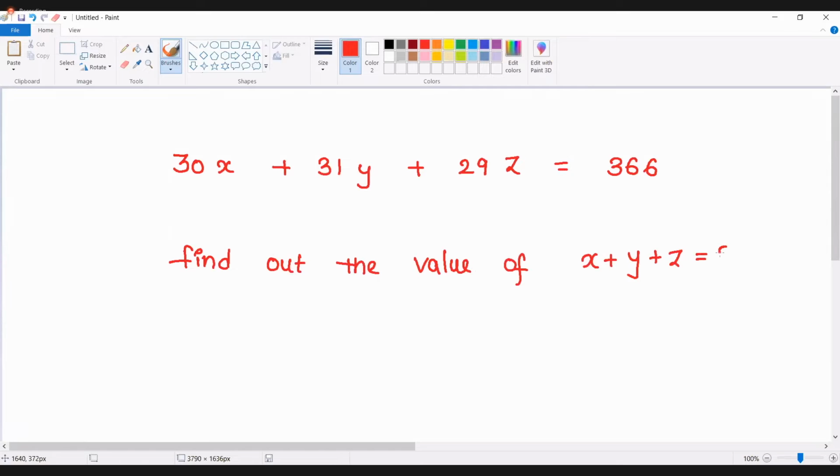And we have option choices for the question. First option is 15, second option is 9, third option is 12, fourth option is 18. What is the value of x plus y plus z?